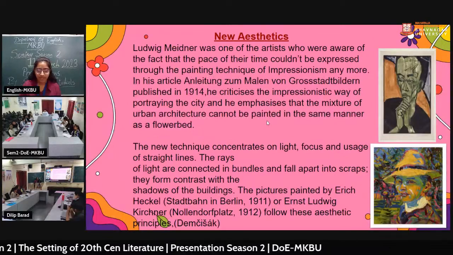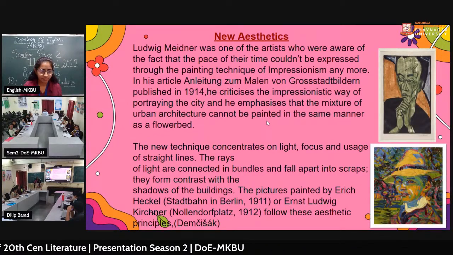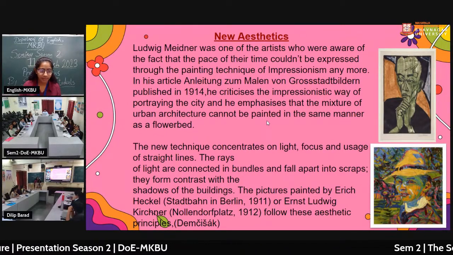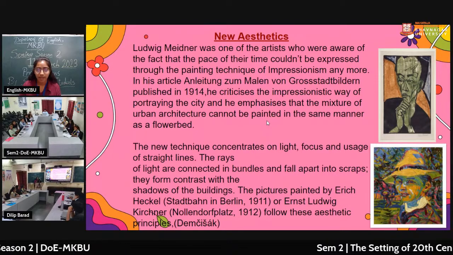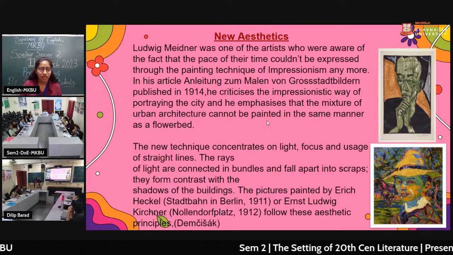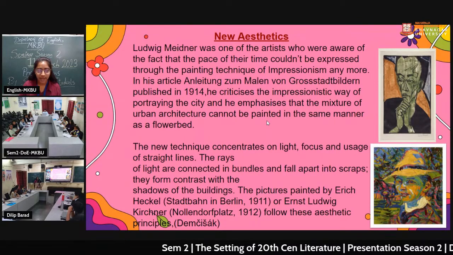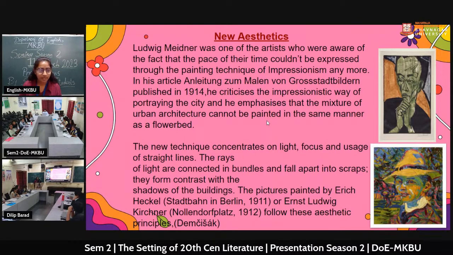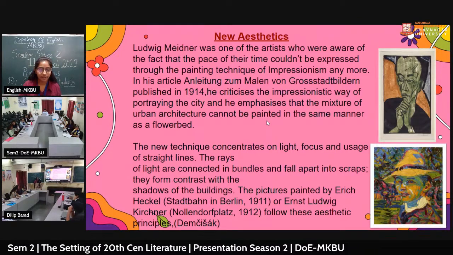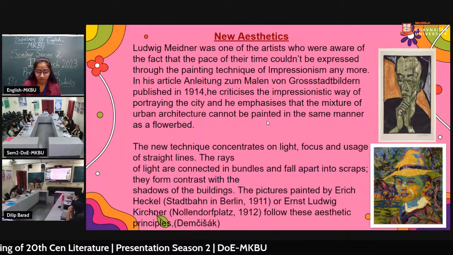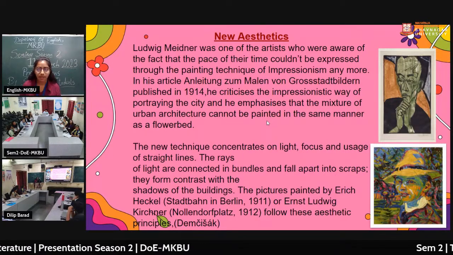And then new aesthetics. Ludwig Meidner was one of the artists who were aware of the fact that the pace of their time couldn't be expressed through the painting technique of impressionism anymore.